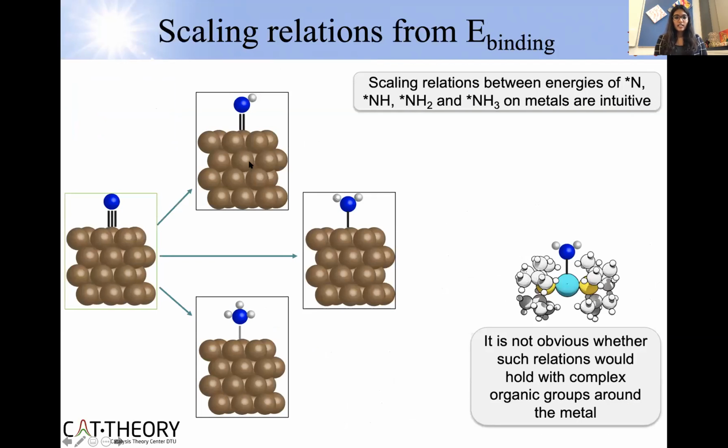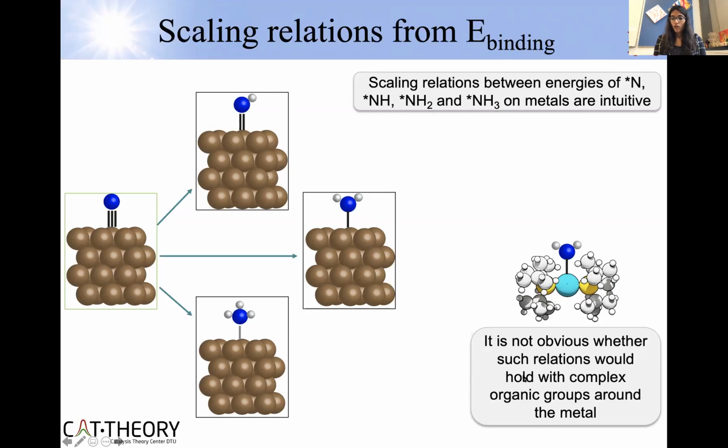Now, if we look at the left hand side, it's the binding of nitrogen species on a heterogeneous surface, and it's kind of intuitive that you would have a scaling relation between the binding energies of nitrogen and the metal surface, and the energies of NH2 or NH3 adsorbates.